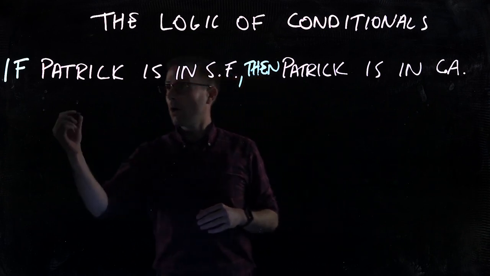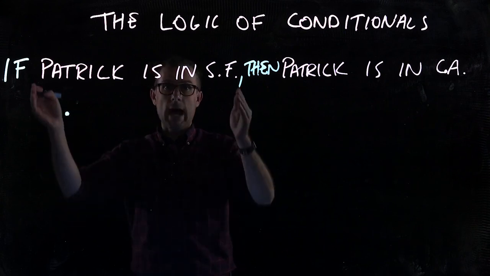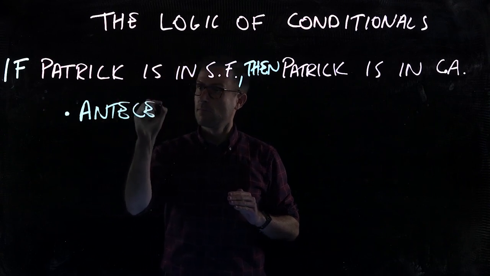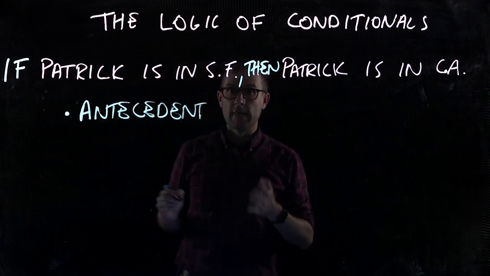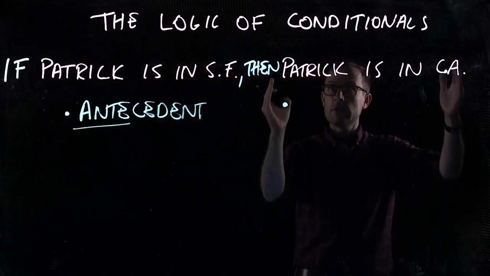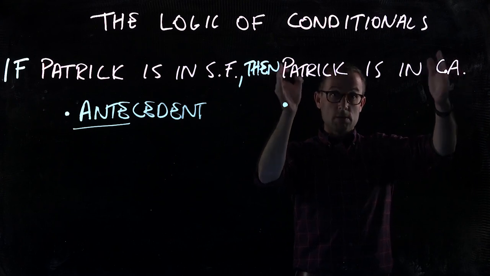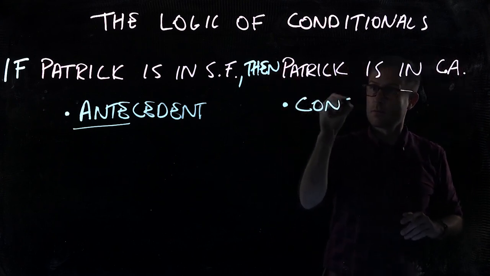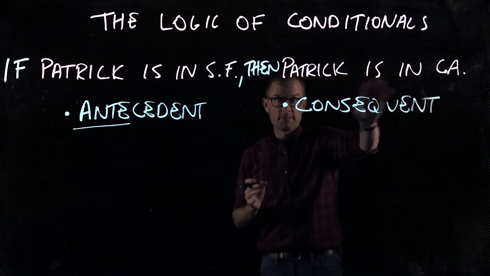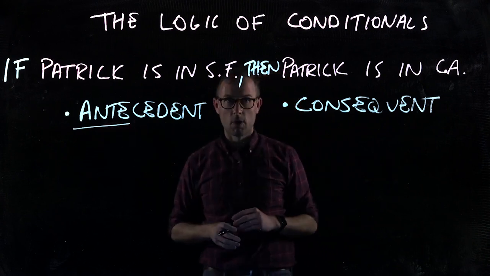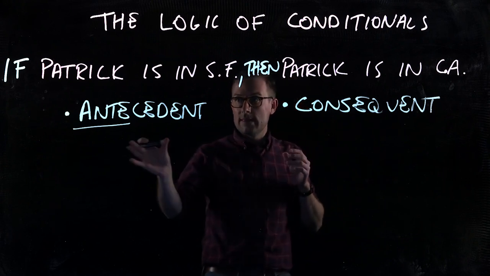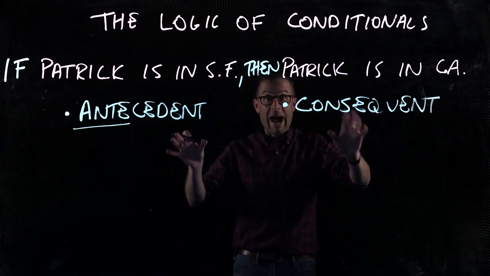We call the part of a conditional captured by the if the antecedent, that which comes before, the ante. And we call the part of a conditional proposition captured by then the consequent, the part captured after the antecedent.